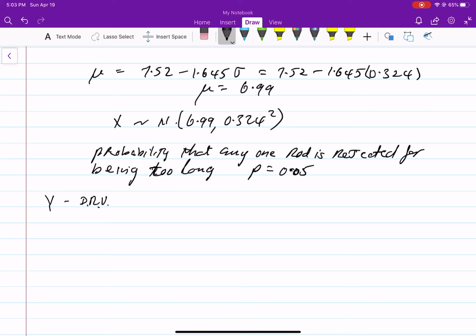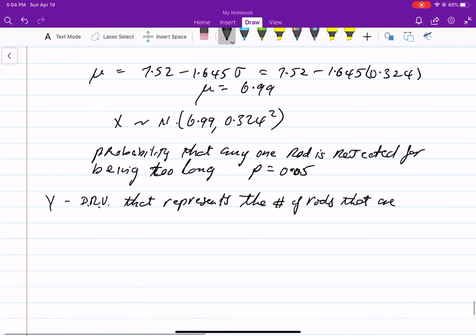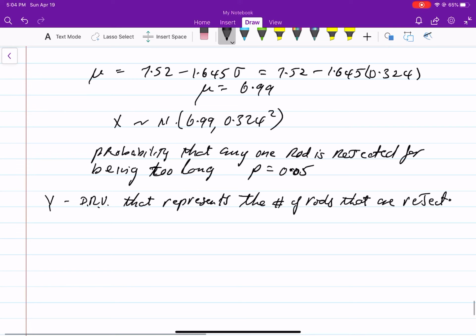Y is a discrete random variable that represents the number of rods that are rejected for being too long out of 10 rods.